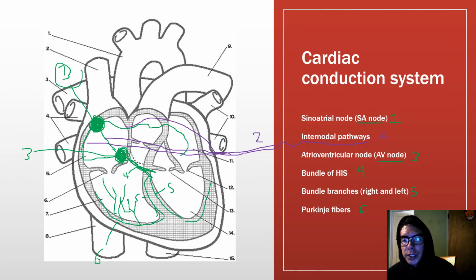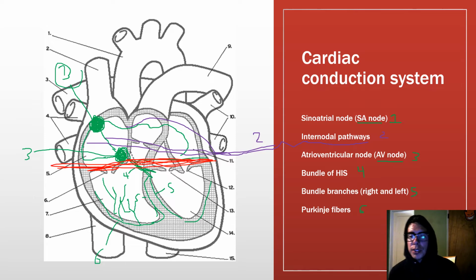And one thing to mention also is that between the atria and the ventricles, there's this wall of tissue that is non-conductive.